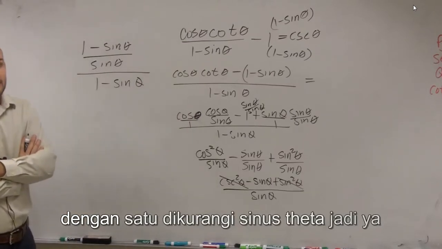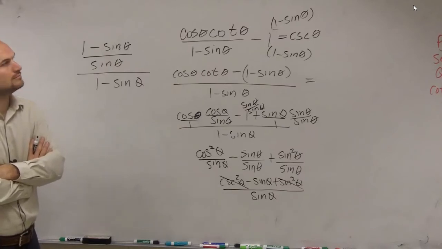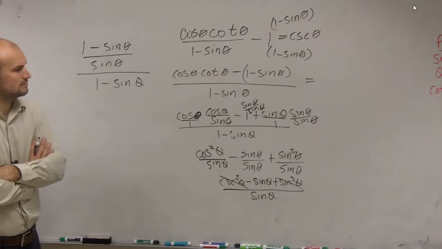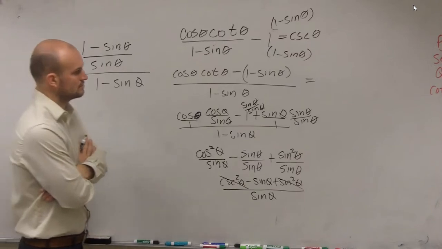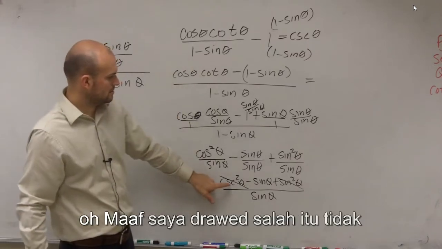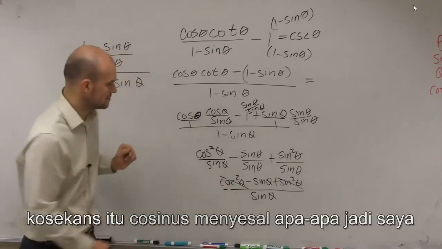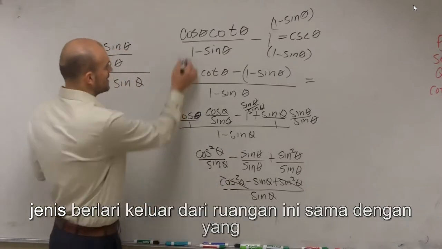So, yes? If it's cosecant, why does it equal 1? You have cosecant minus sine plus sine. Where are you looking at? The bottom one? Oh, I'm sorry. I wrote it wrong. It's not cosecant. It's cosine. Sorry. OK, so I kind of ran out of room.